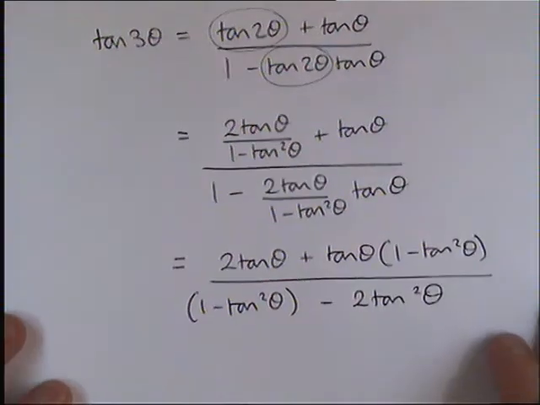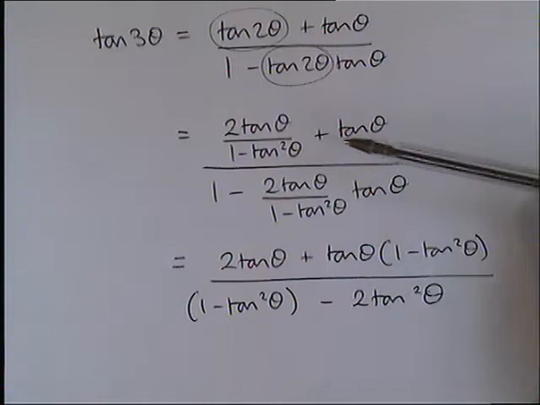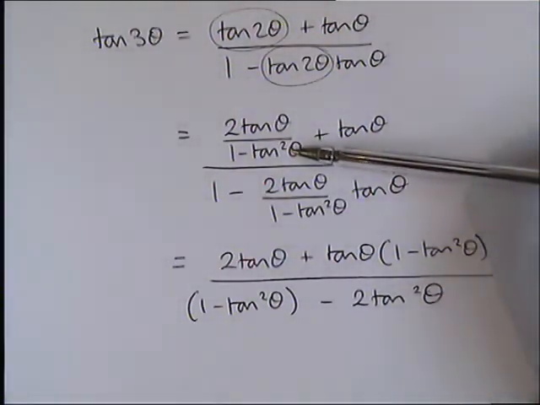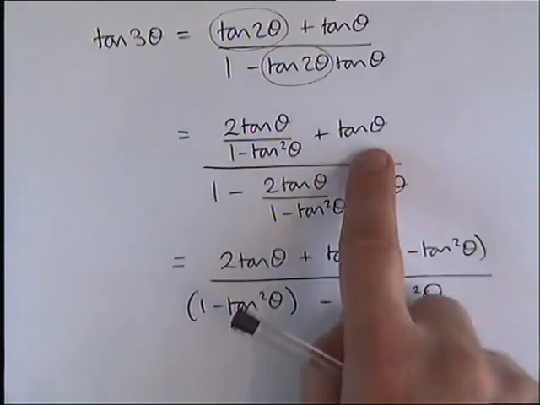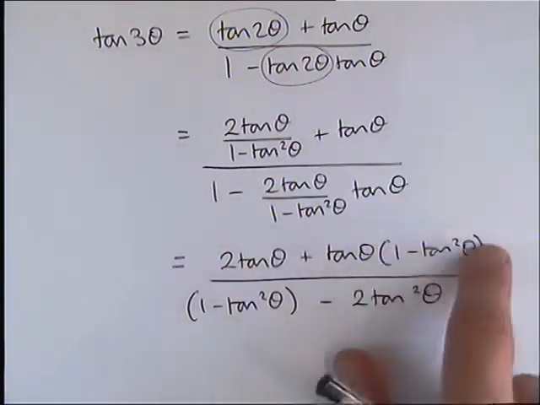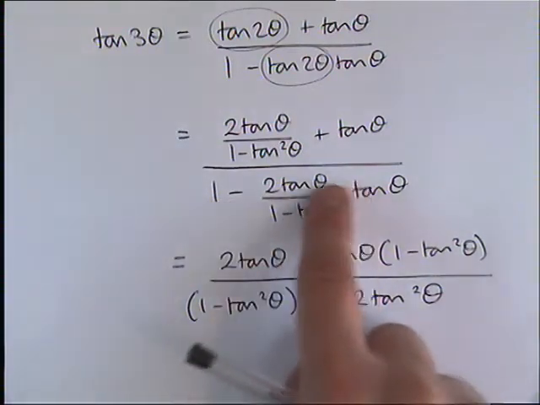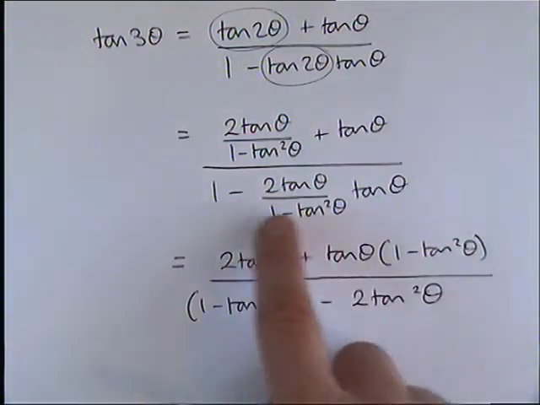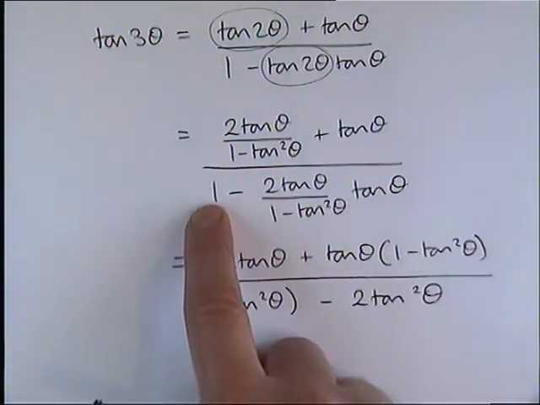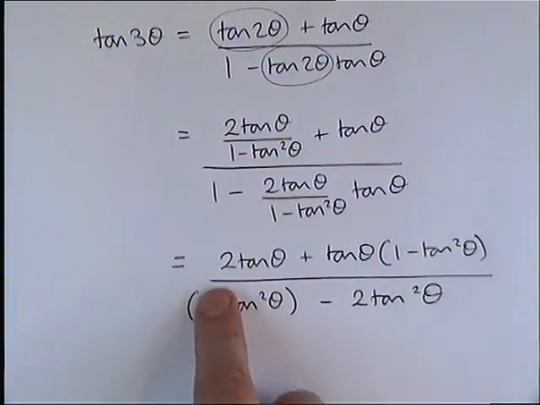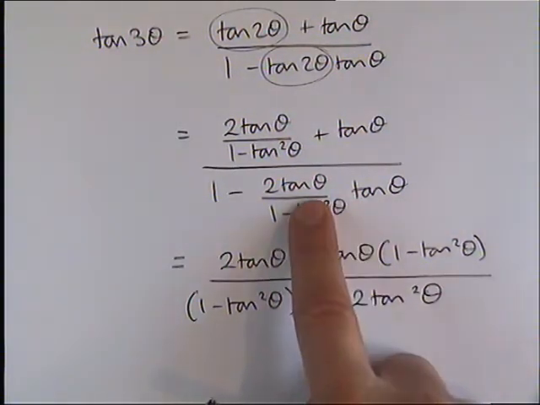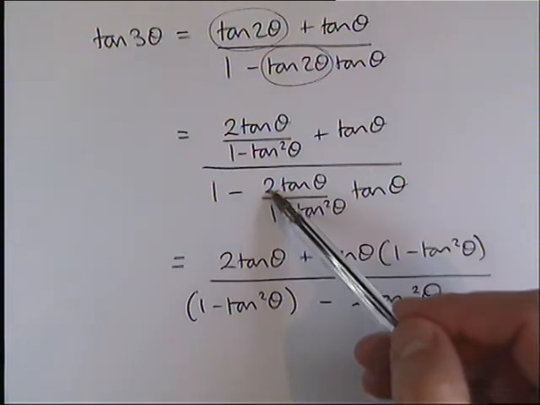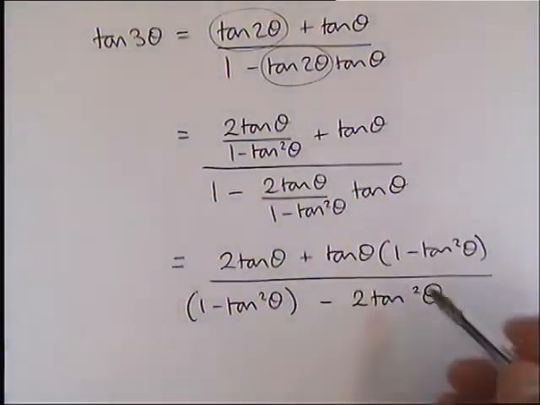So you can see what I've done there is I've multiplied the numerator by 1 minus tan squared theta, and what that's done is it's got rid of that denominator there, but it's multiplied tan theta by 1 minus tan squared theta. And on the denominator of this large fraction, multiplying each term by 1 minus tan squared theta, well, 1 multiplied by 1 minus tan squared theta is 1 minus tan squared theta. And then this expression, when you multiply by 1 minus tan squared theta, you get the 2 tan theta, which is 2 tan squared theta.